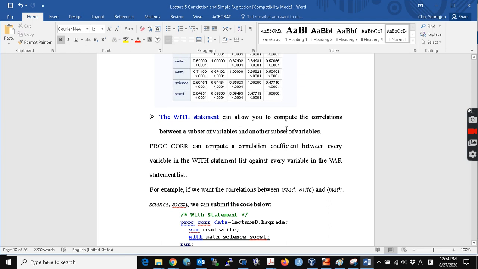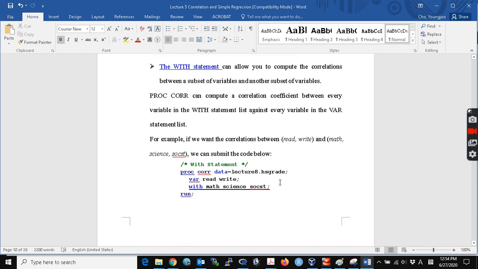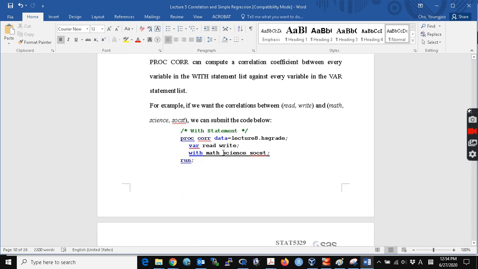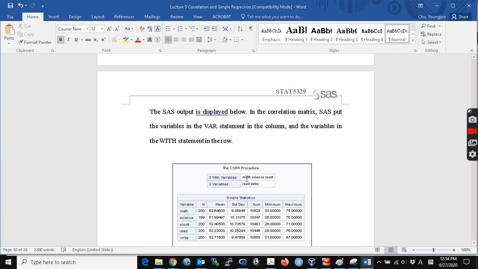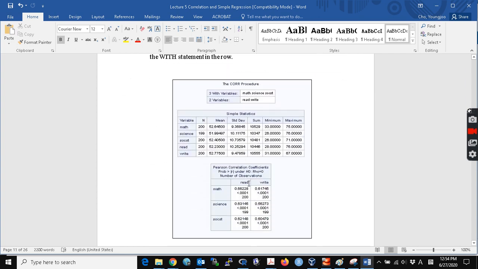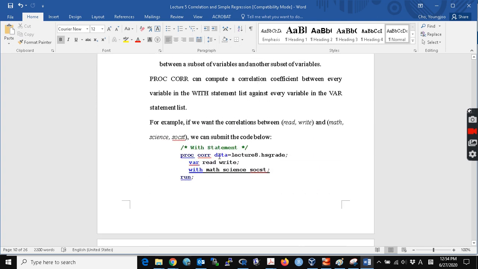The with statement allows you to compute the correlation between a subset of the variables and another subset of variables. If we specify the with statement, in the example math, science and social study, we compute the correlation between the group in the var statement, read and write, and the group specified in the with statement.